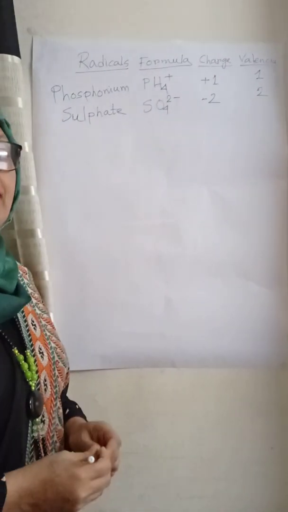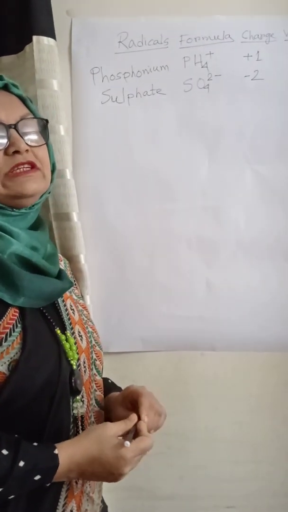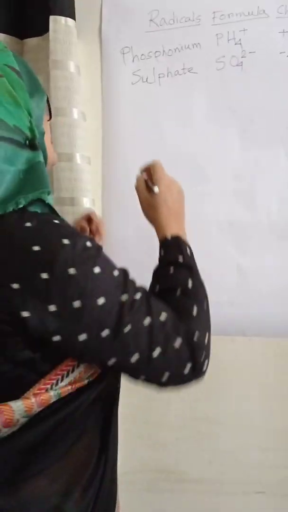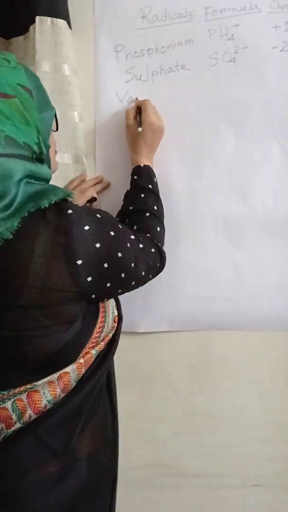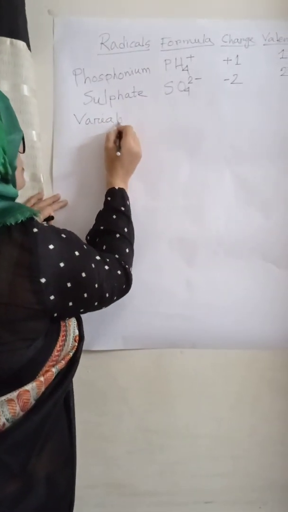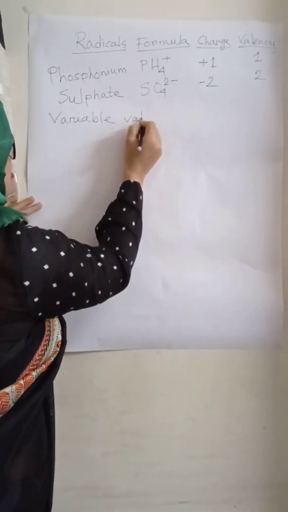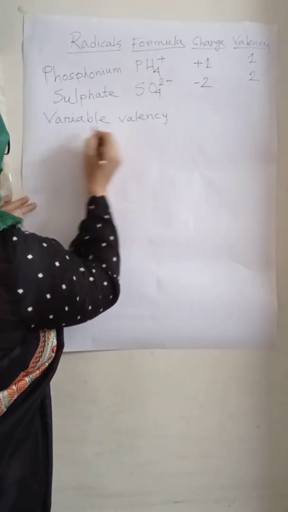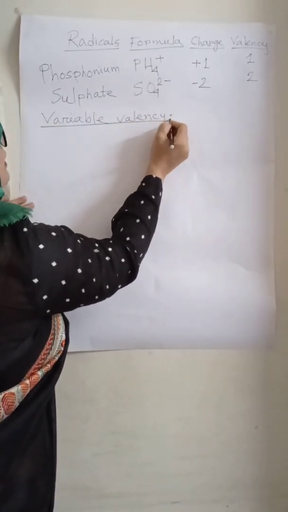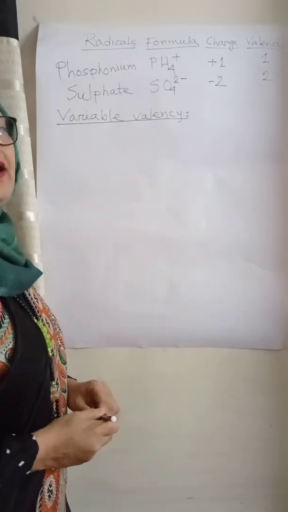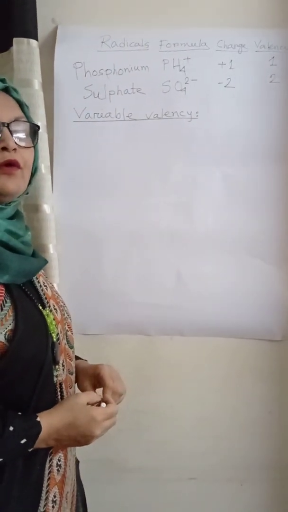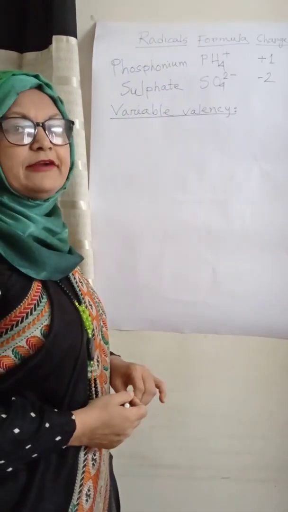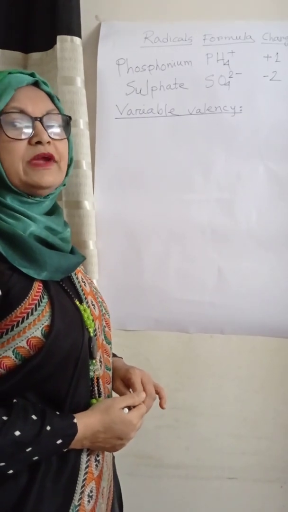Now I want to discuss about variable valency. Some elements have more than one valency. This kind of valency is called variable valency.